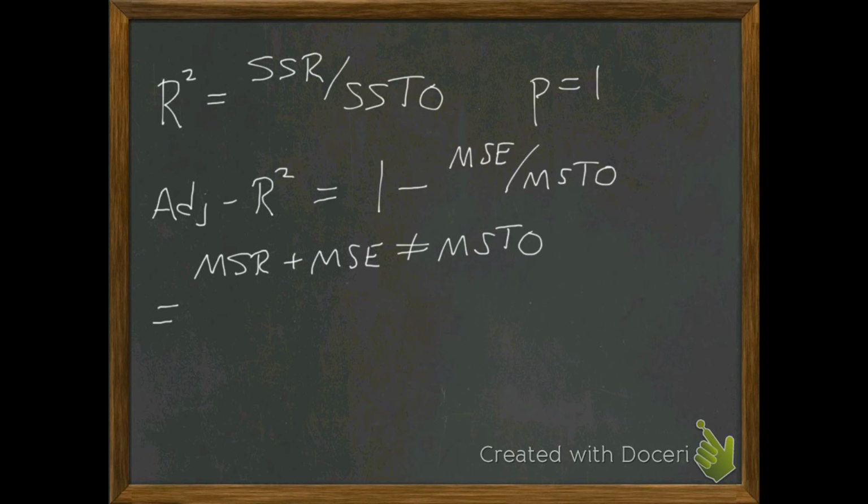Now, sum of squares regression plus the sum of squares error is equal to our sum of squares for the total. So just put that on the back burner, all right? And probably a more commonly used, because it actually uses the degrees of freedom.